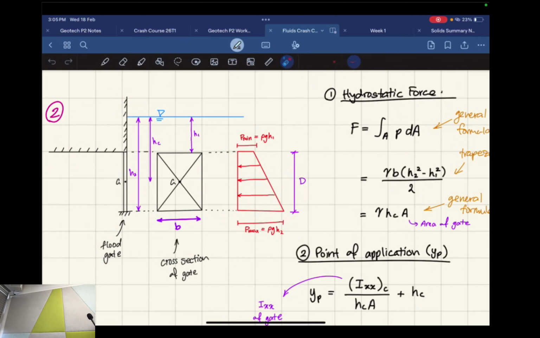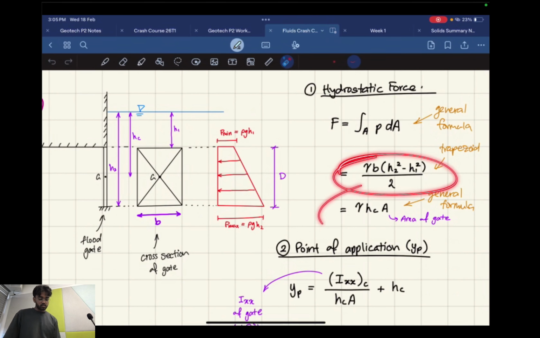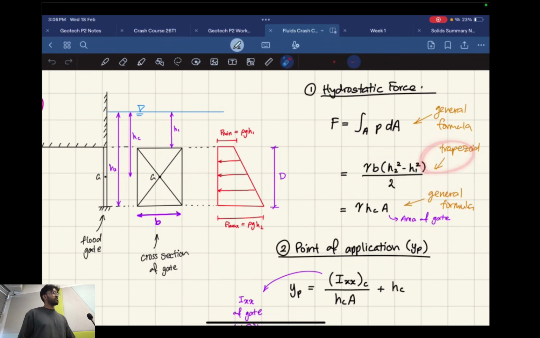And the way we figure it out is by integration, but we don't want to do integration, so you're going to use formulas instead. There's two different formulas you can use. Okay? The first formula is just the volume of that trapezoid. Yeah? So if I draw this out in 3D plane, this is what it will look like.